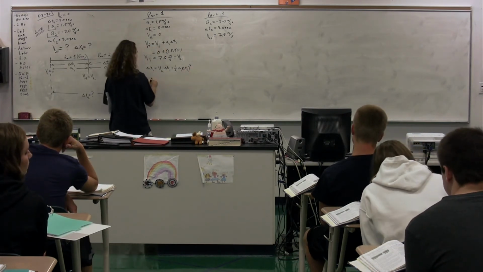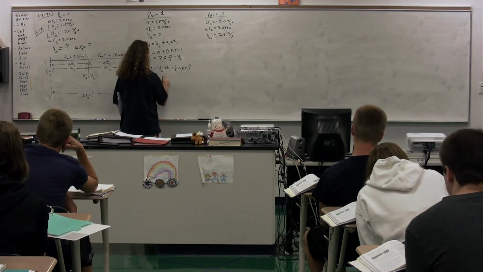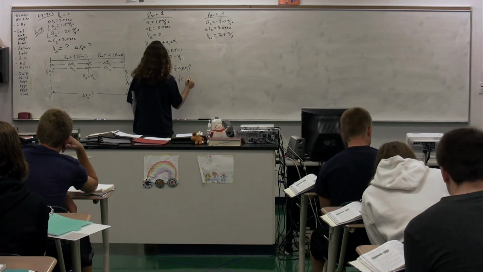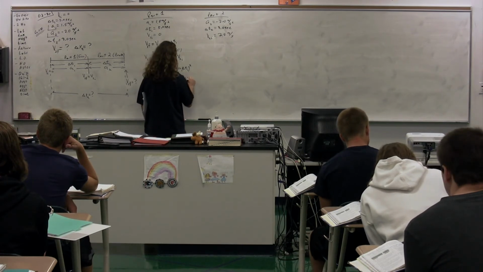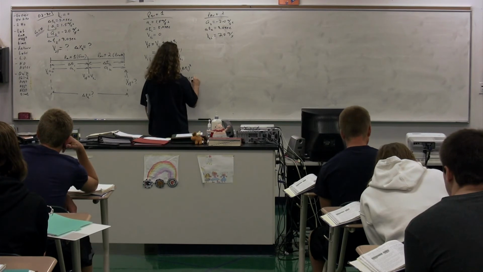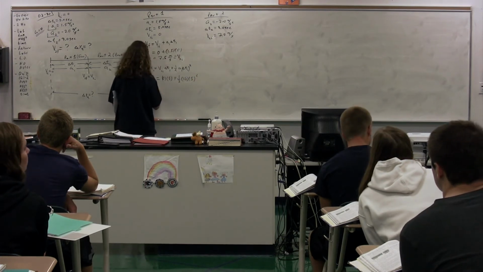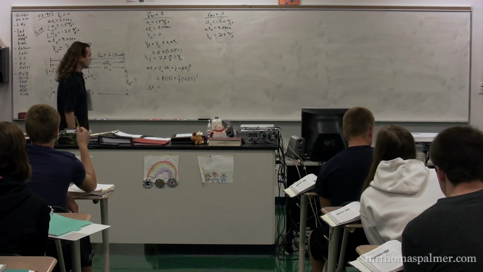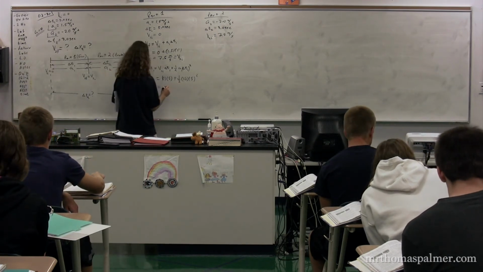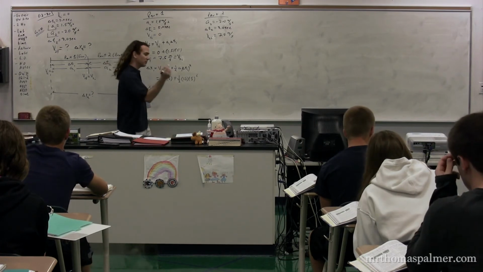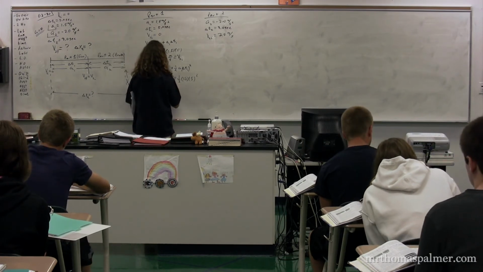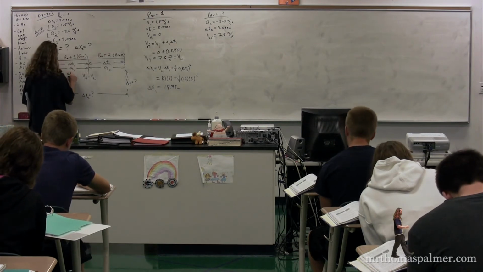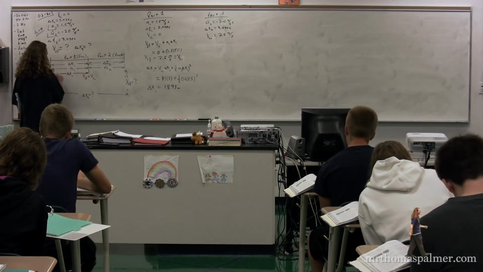We have 0 multiplied by the change in time for part 1, which was 5, plus 1/2 times the acceleration for part 1, which is 1.5, times the change in time for part 1, 5, quantity squared. So the displacement for part 1 is equal to 18.75 meters. So we just figured out the displacement for part 1 from there to there.